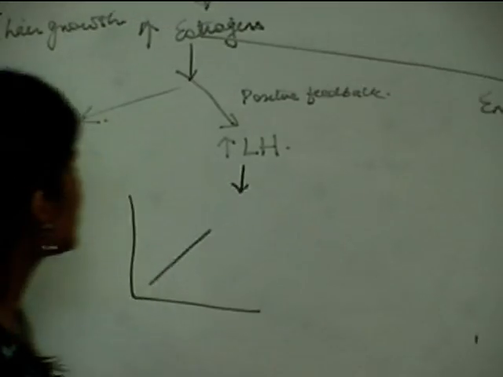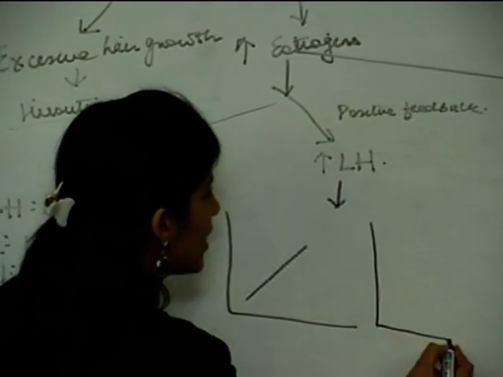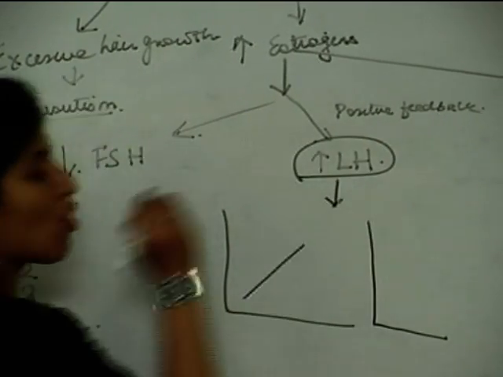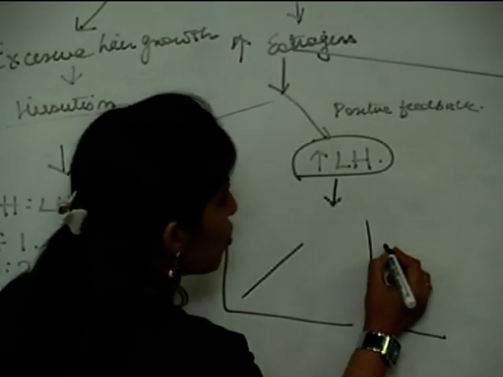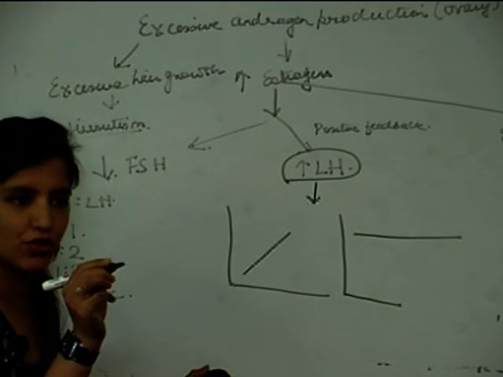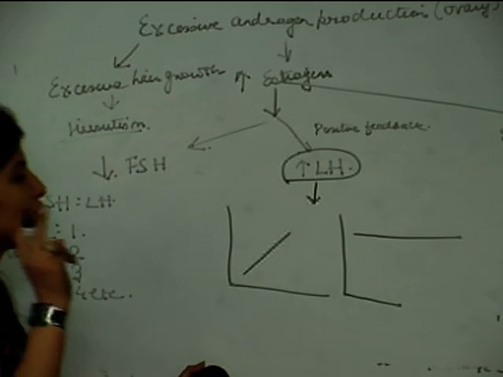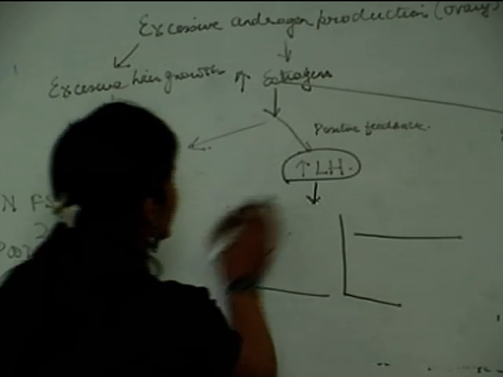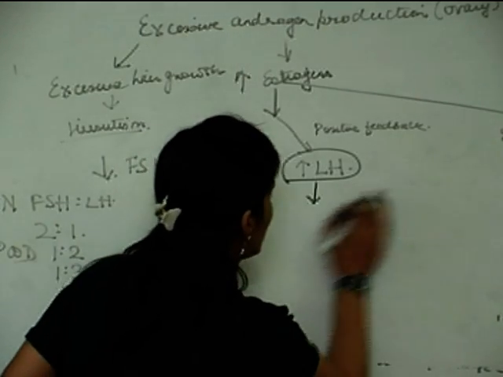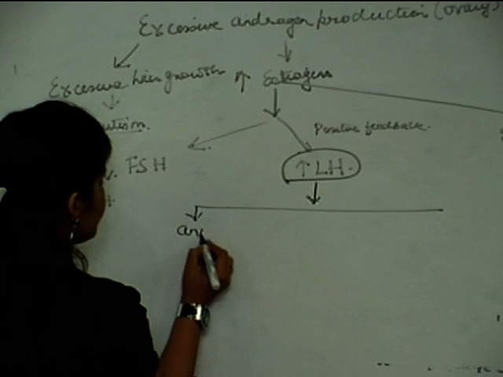Now, what happens in patients of PCOD? In patients of PCOD, this LH is constantly raised. There is tonically elevated LH. There is no LH surge, because LH is constantly raised, and because there is no LH surge, it leads to anovulation.